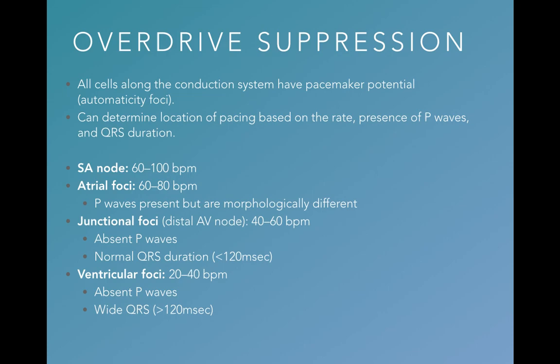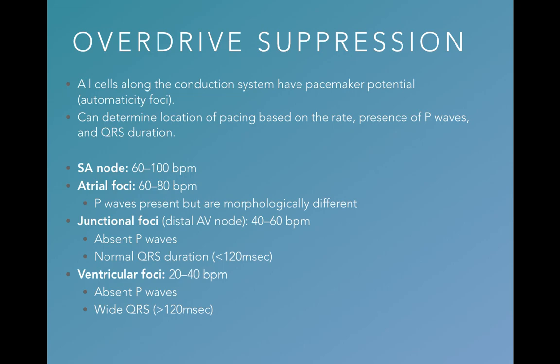Every place in the heart that has the ability to pace produces its own specific morphology. So in a normal sinus rhythm, the SA node produces a P wave that should look the same for every beat that you look at. If the P waves start to change, then you have to think maybe they're not all coming from the SA node, and I'll show you there is a term for that and a diagnosis for that.